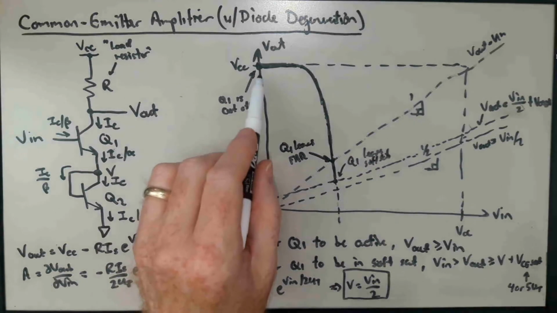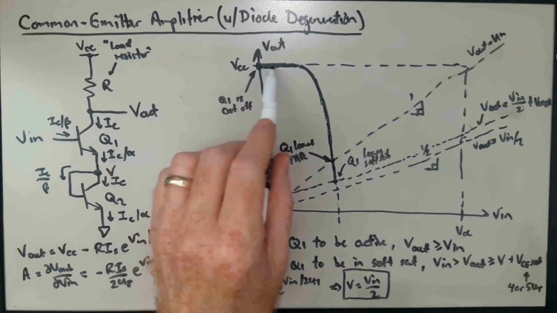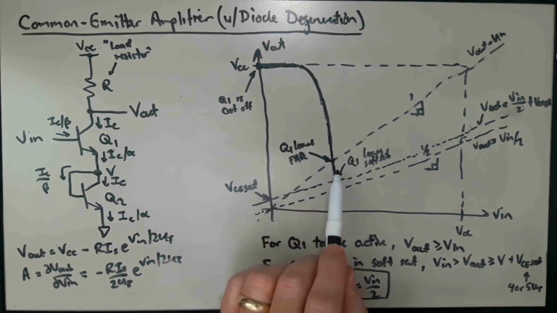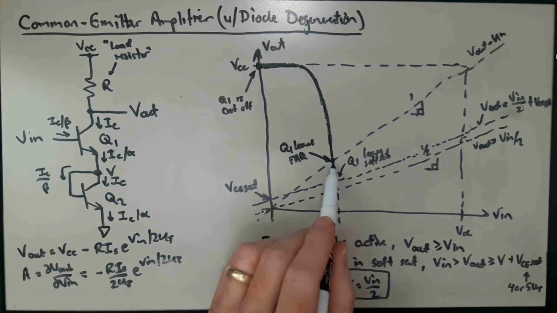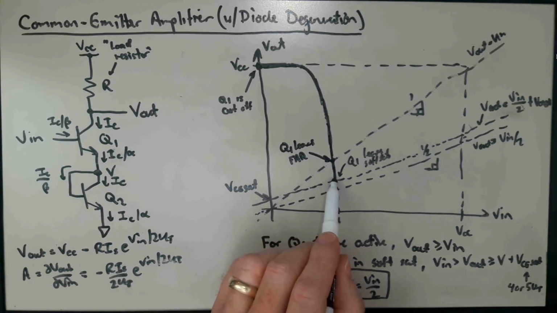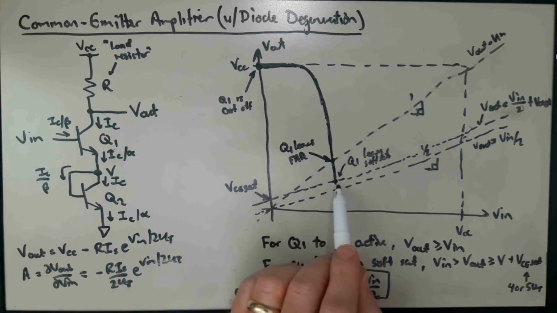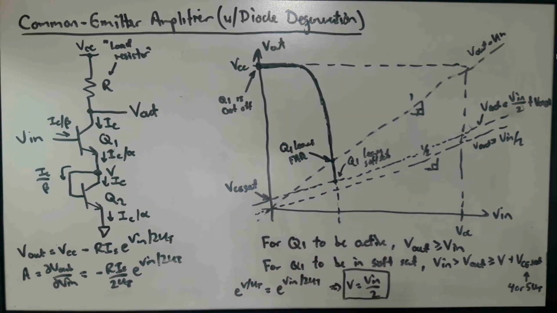So Q1 is in cutoff right here at this point. It's in the forward active mode all through here. At this point where it crosses the identity line, it leaves the forward active mode, and in this little region here, it's in the soft saturation region, still behaving as if it were in the forward active mode, well described by the forward active model. And then right here, at this point, it leaves soft saturation.